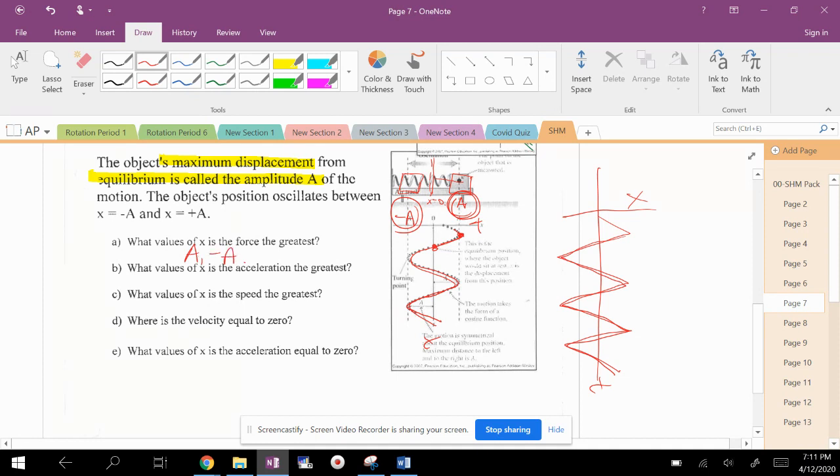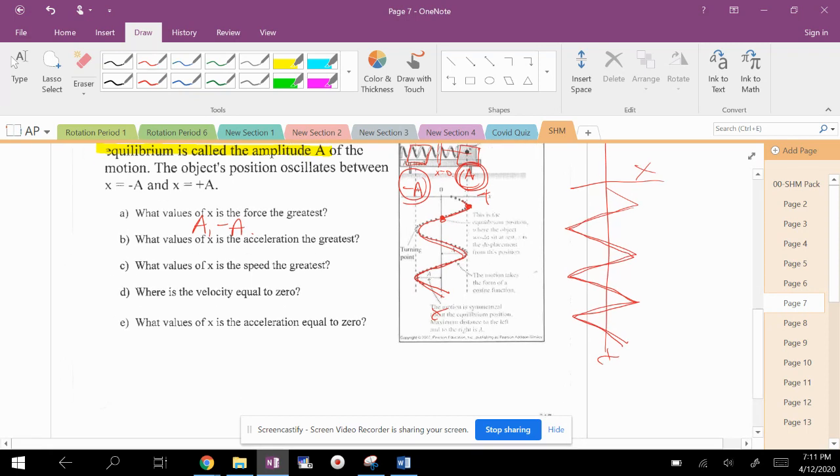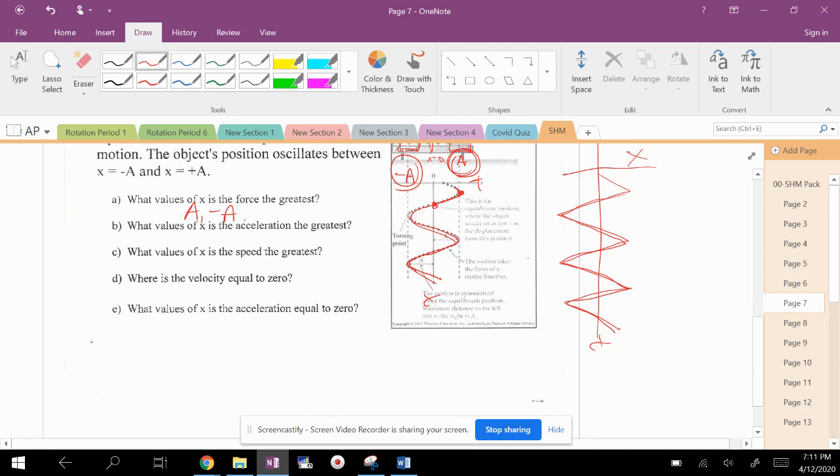At what values of x is acceleration going to be the greatest? Well, this helps us bounce back to our most famous equation, net force equals mass times acceleration. If I have a restoring force, that means when x is greatest, acceleration is going to be greatest.